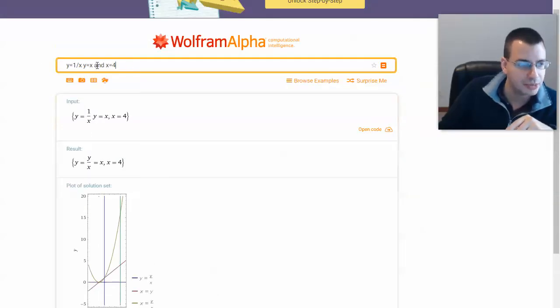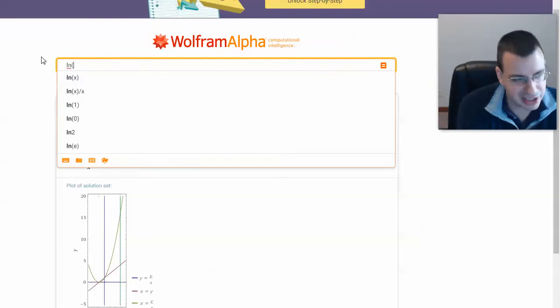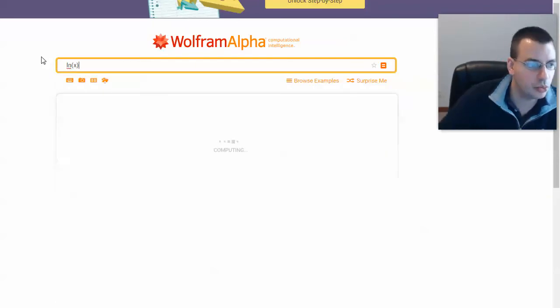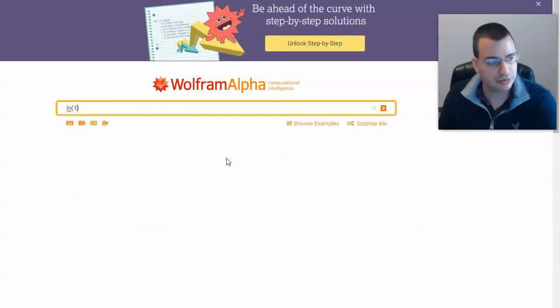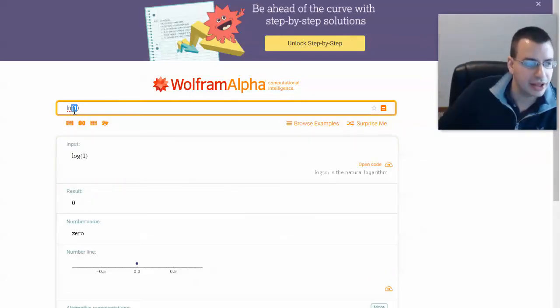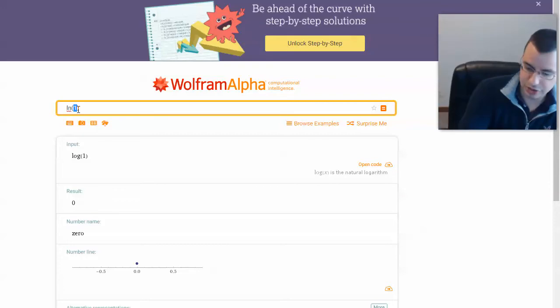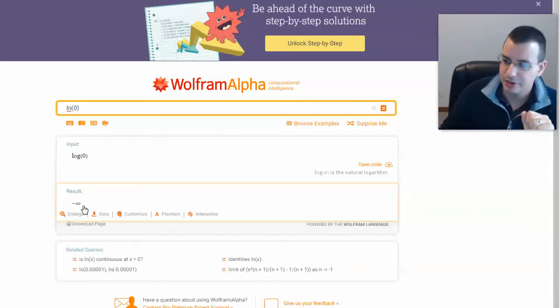So a lot of times in my calculator, I will check, because it only takes a second. Natural log of 1 is 0. And natural log of 0 does not exist, but you can try it, and it says, bam, negative infinity.